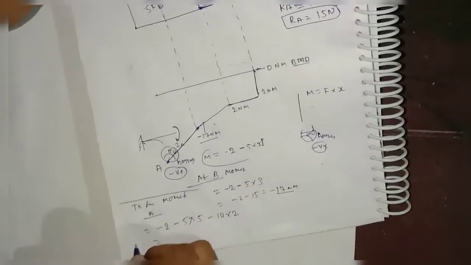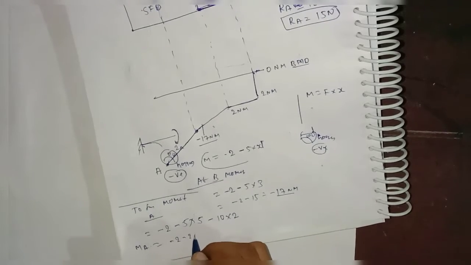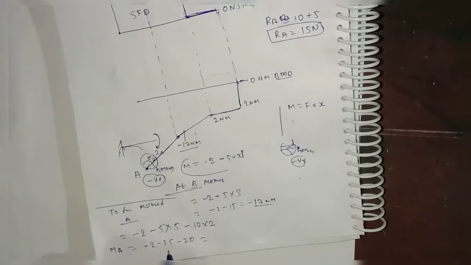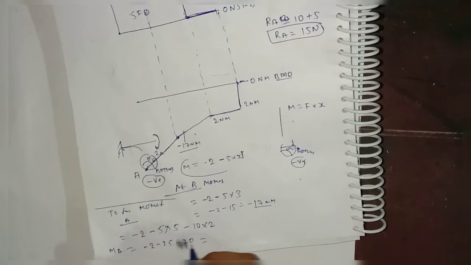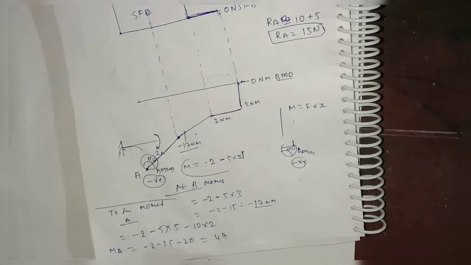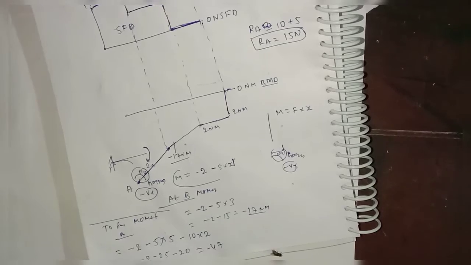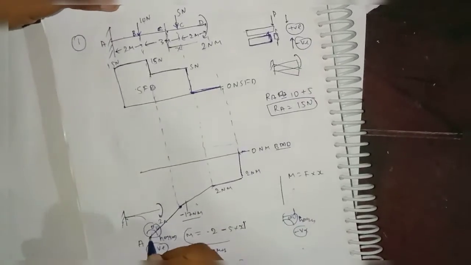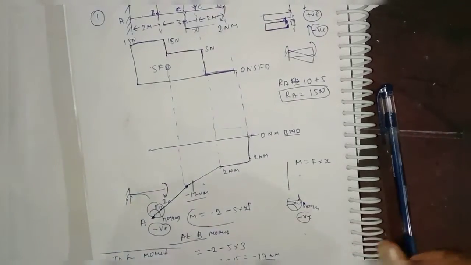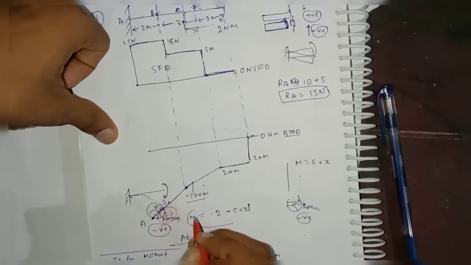So moment at A will be minus 2 minus 25 minus 20, right? So this will be your 27, and this 47, right? Yeah, minus 47, okay. So here we are getting minus 47.